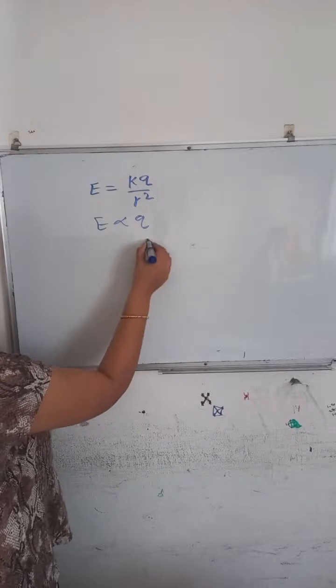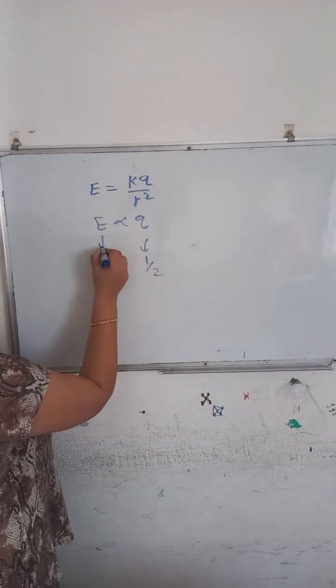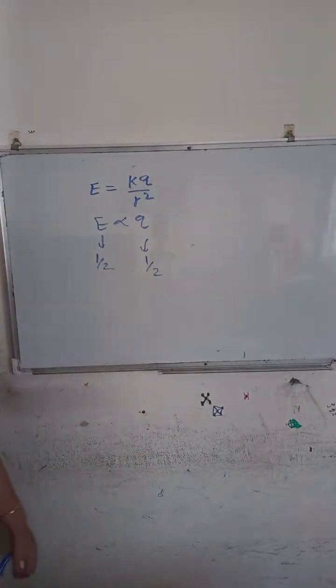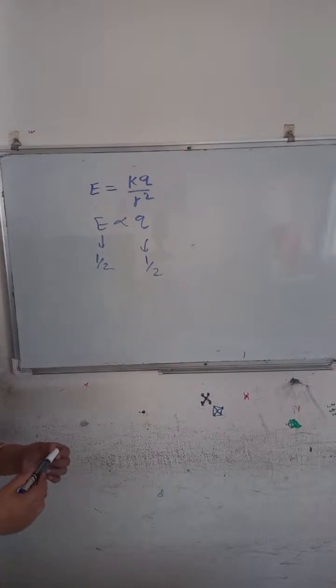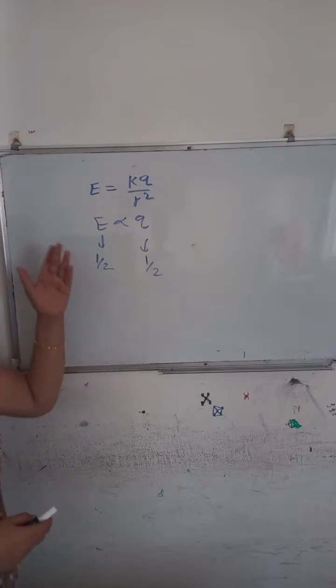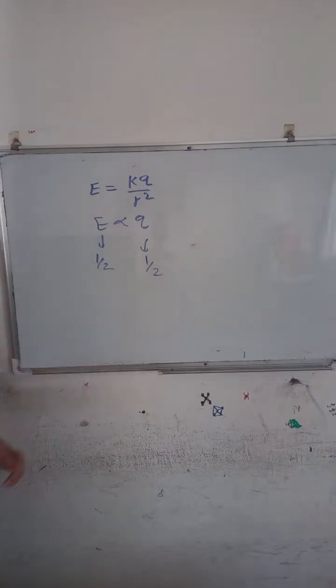So here q gets halved, then the electric field also gets halved. So the option is half. If you know the theory and the relations, it's very easy to choose the answer.